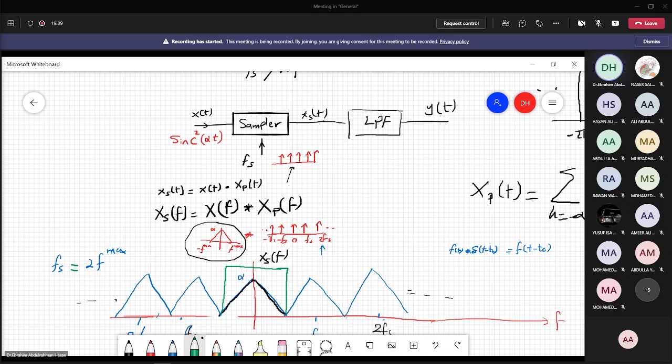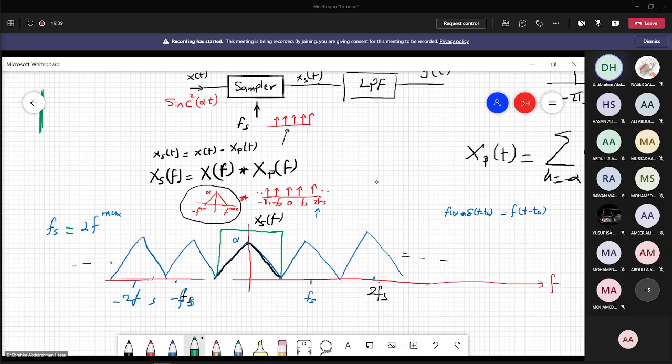We don't have a filter with a vertical edge. So when fs equals 2 f max, theoretically it is possible, but practically it's difficult.